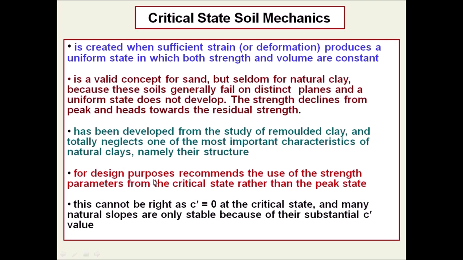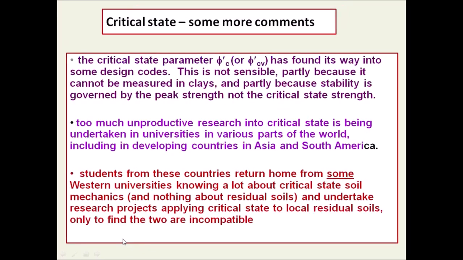For design purposes, at least some critical state exponents recommend the use of the strength parameters from the critical state rather than the peak state. I can't see how that can be right, because at the critical state, the cohesion intercept is 0. Many natural slopes are only stable because of their substantial cohesion value or cohesion intercept value.